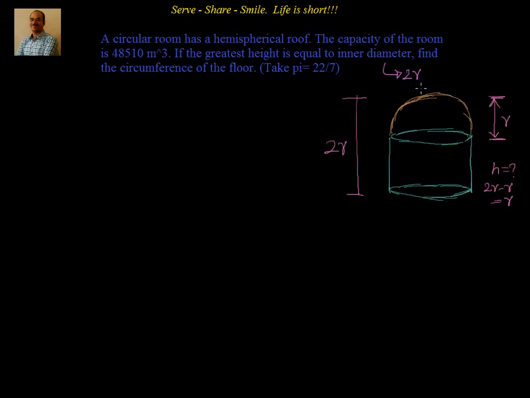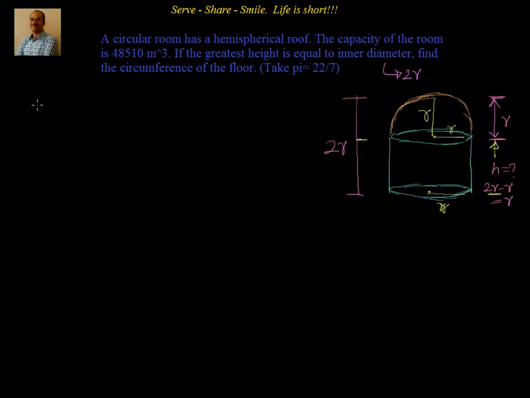If the greatest height is equal to the inner diameter, then the greatest height is 2 times the radius, but the hemisphere radius is r only. So the height of the cylinder will be 2r minus r, that is equal to r. Now let's find the volume of this solid combination.